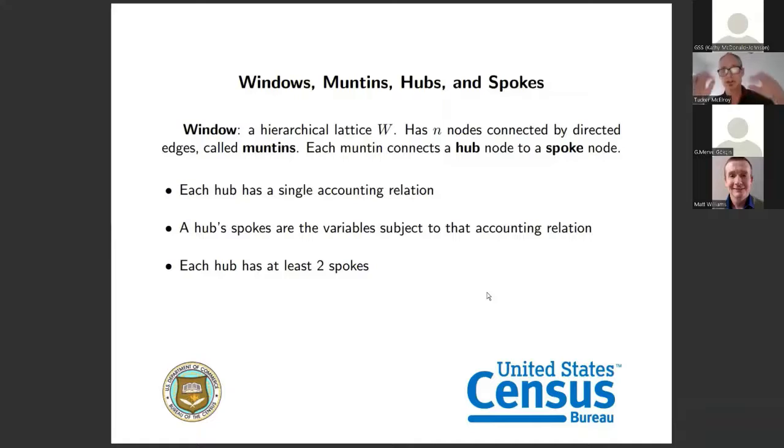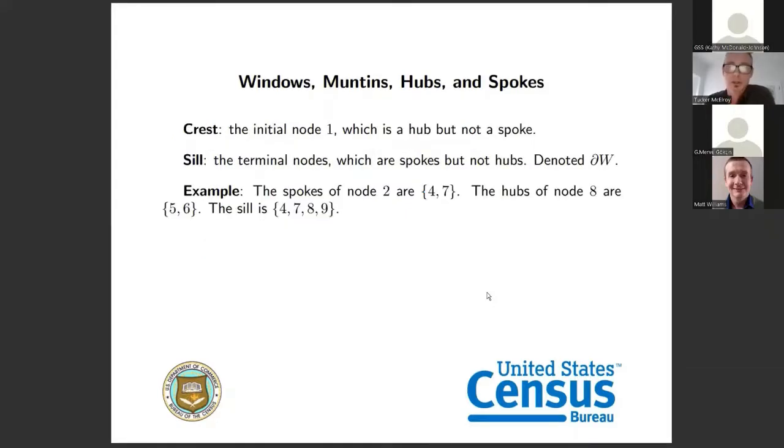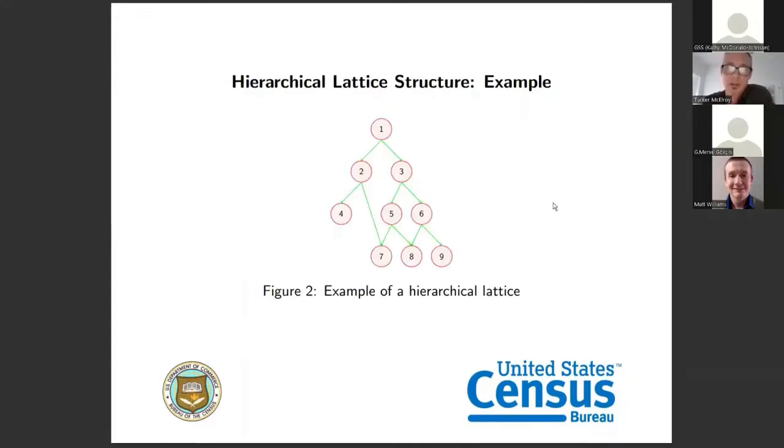The various spokes beneath it are the variables subject to that accounting relation. All the spokes add up to their corresponding hub, and each hub has at least 2 spokes. So that's just terminology, okay? It corresponds to this picture here.